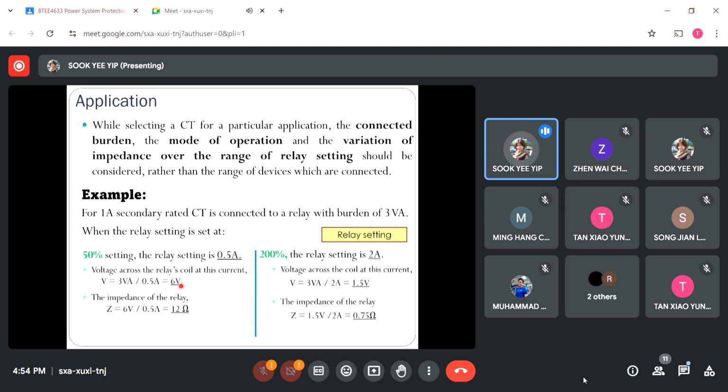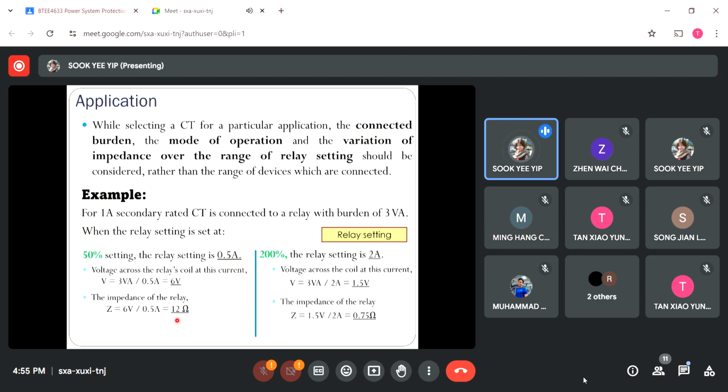After this, we want to convert this into impedance. With 6 volts dropped across the relay coil and a current of 0.5 amp, based on Ohm's law, 6 volts divided by 0.5 amp gives a burden value of 12 ohms with the 50% setting for this overcurrent relay.